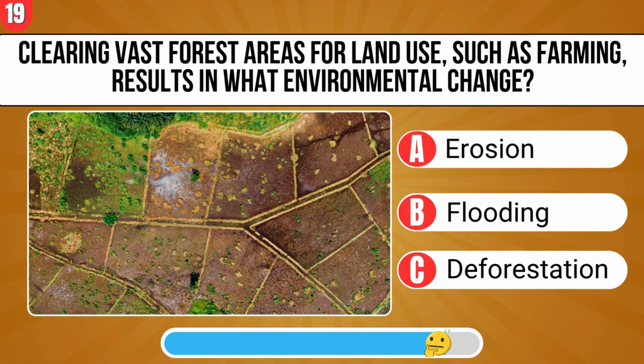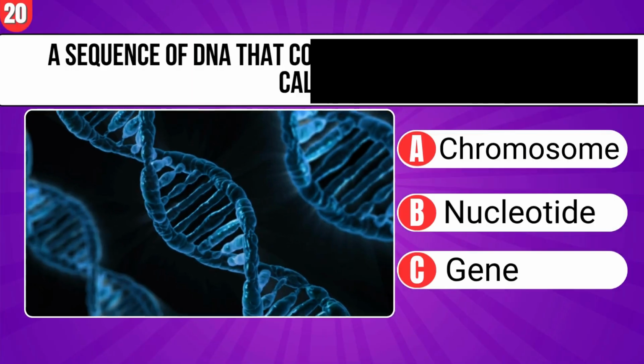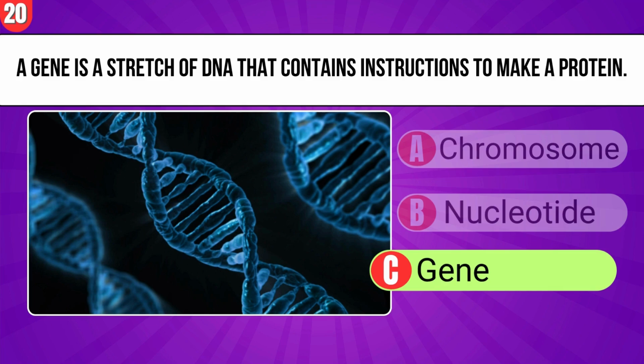Clearing vast forest areas for land use results in what environmental change? It's called deforestation. A sequence of DNA that codes for a specific protein is called a gene.